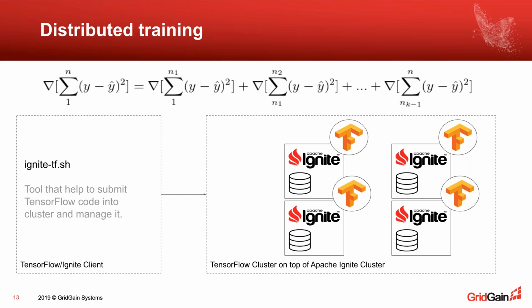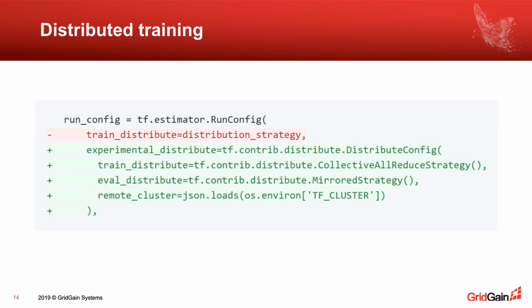And how could we adapt our TensorFlow task that previously worked in single node mode? The migration is also simple. Here we just should expand our configuration and add some additional lines.